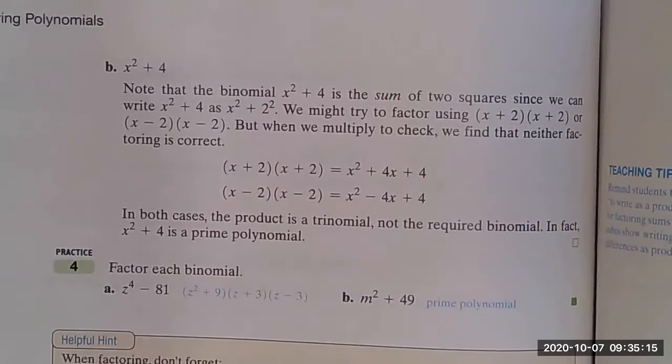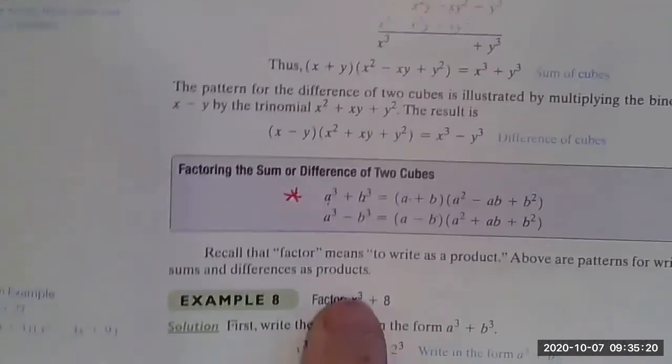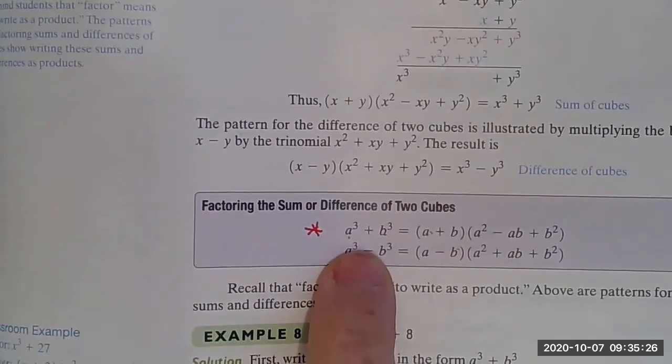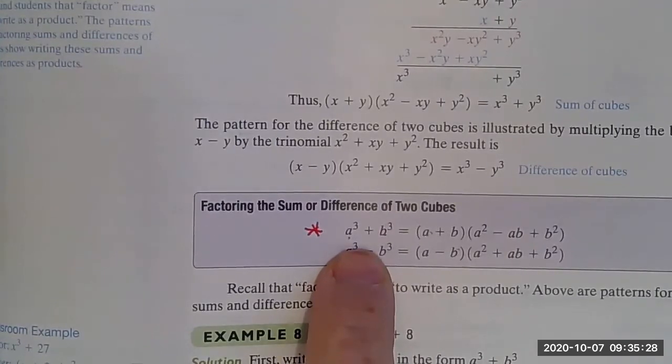So they do a number of examples. Now in 6.5, because you're talking about factoring binomials, there's another set of binomials called the difference and sum of two cubes. I'm not requiring that in this modified beginning algebra course.